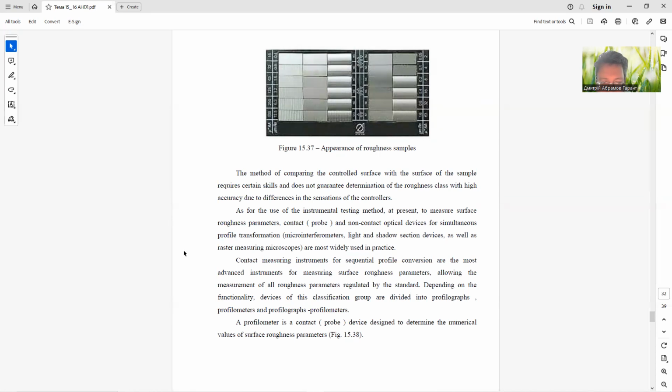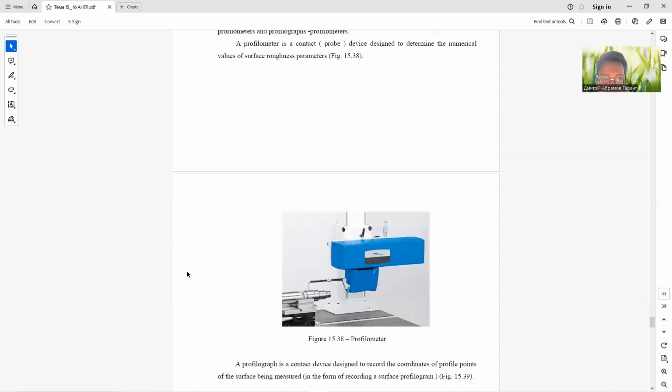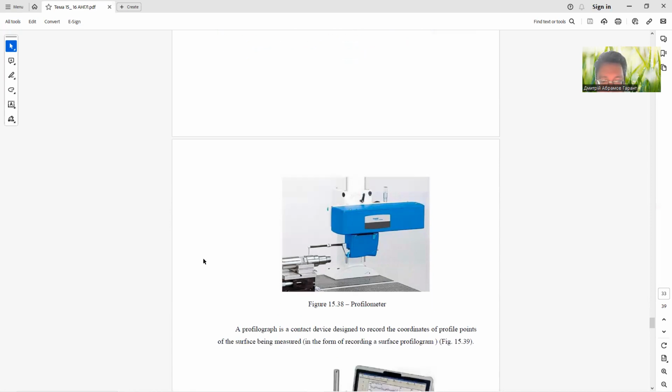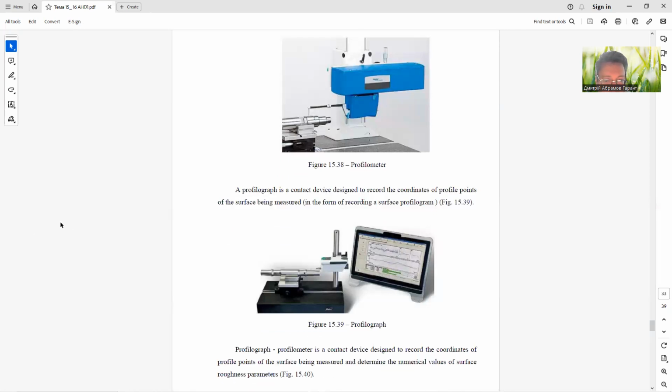Depending on their function, devices of this classification group are divided into profilographs, profilometers, and profilograph-profilometers. A profilometer is a contact probe device designed to determine the numerical values of surface roughness parameters. You can see a profilometer on figure 15.38.